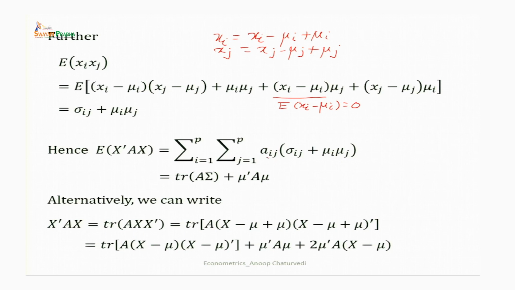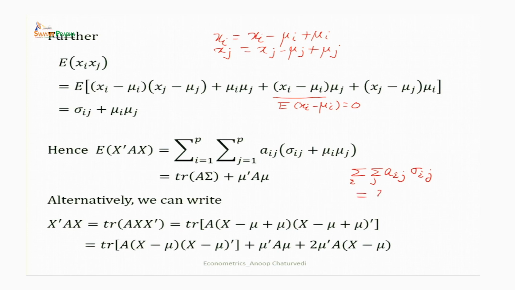We substitute the value of expectation of x_i x_j. So, you get sigma_ij plus mu_i mu_j, and summation over i, summation over j, a_ij sigma_ij.